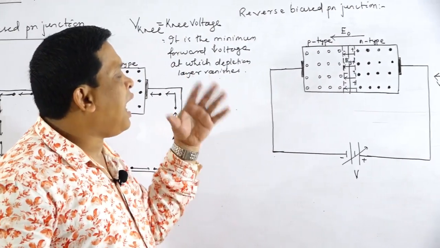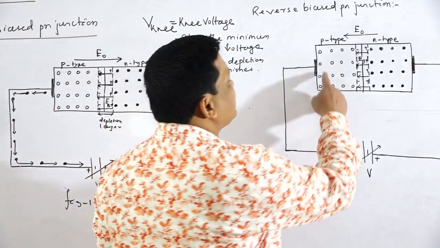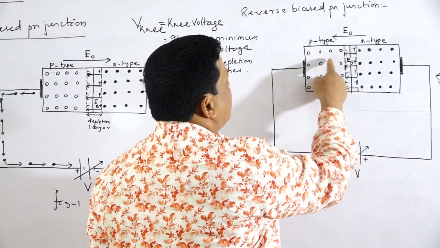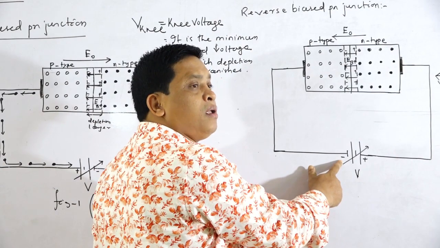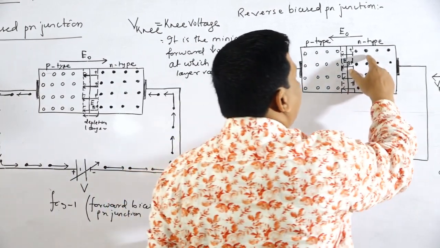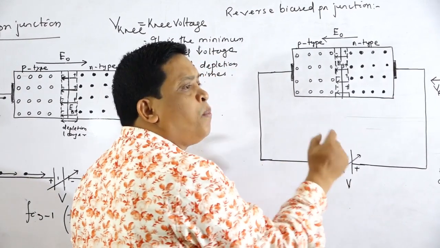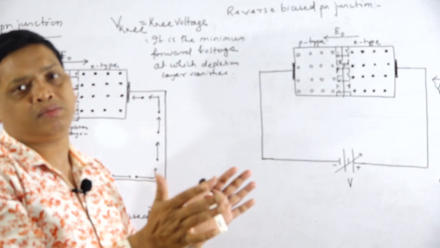Now let us see how reverse biasing is achieved. In a reverse biased p-n junction, the p-type semiconductor is connected with the negative terminal of the battery and the n-type semiconductor is connected with the positive terminal of the battery, just the reverse of the forward biasing condition.